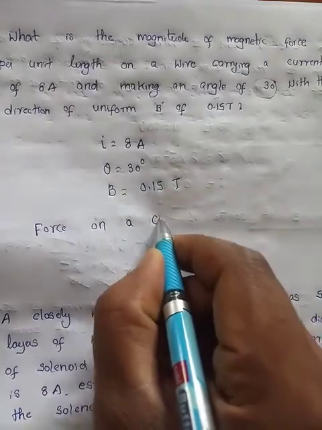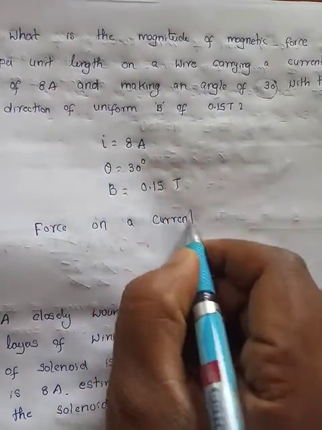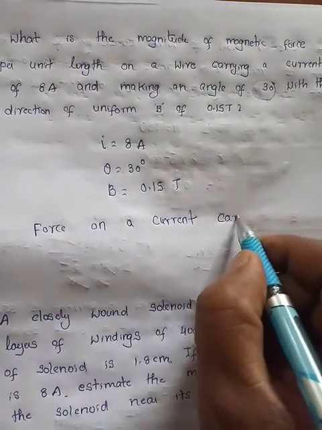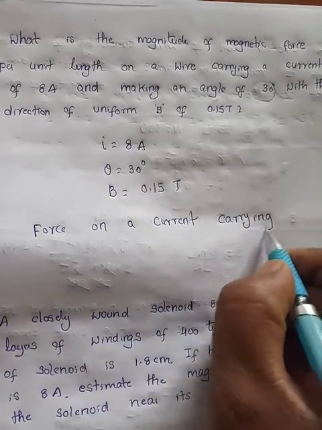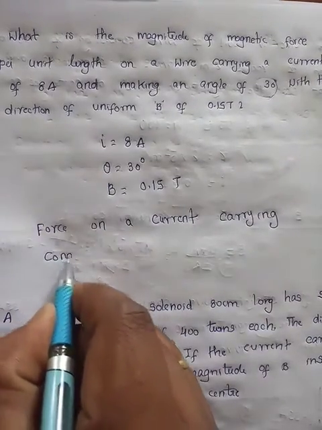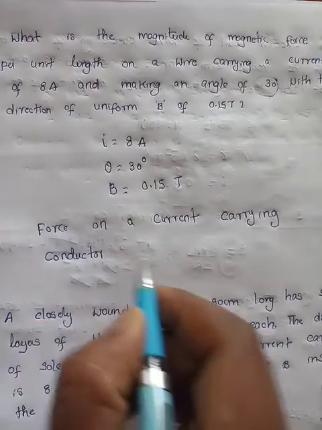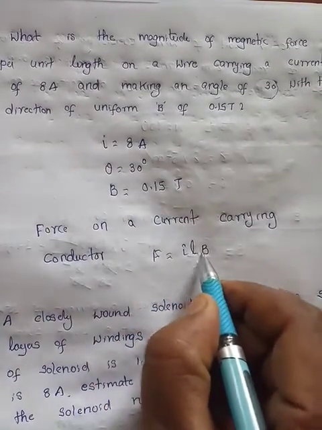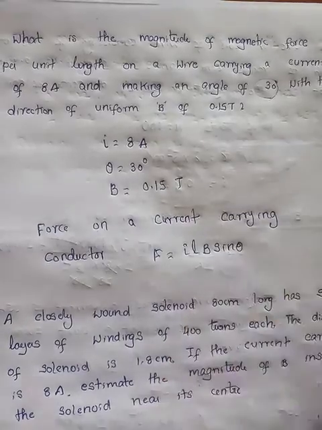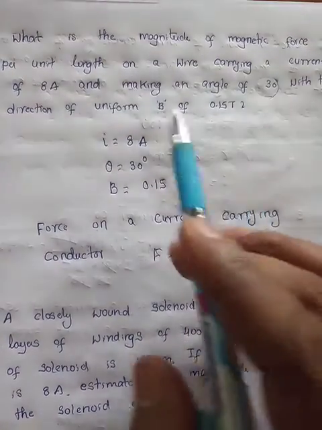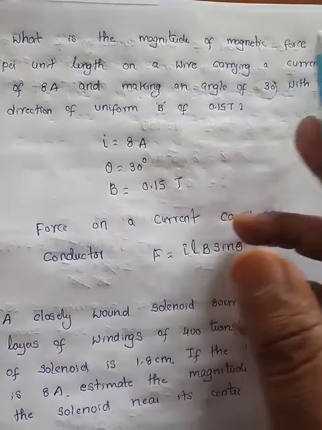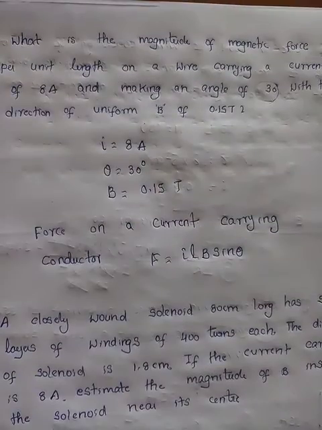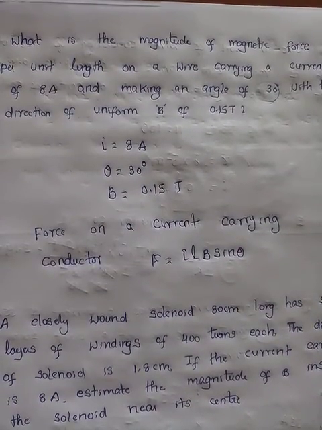Actually we know the force on a current carrying conductor is F is equal to ILB sin theta. What does the question ask? What is the magnitude of magnetic force per unit length? They are not asking force, they are asking force per unit length.